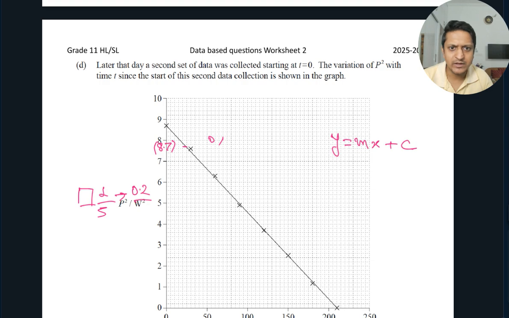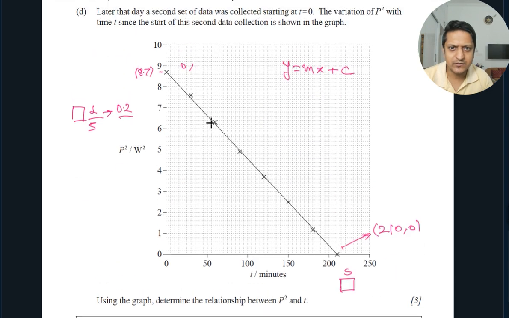So now again zoom out. Now we will be calculating the value of C. See, if x is 0, C is 8.7 because this is the constant value where x equals 0. So now we need to calculate the value of M.